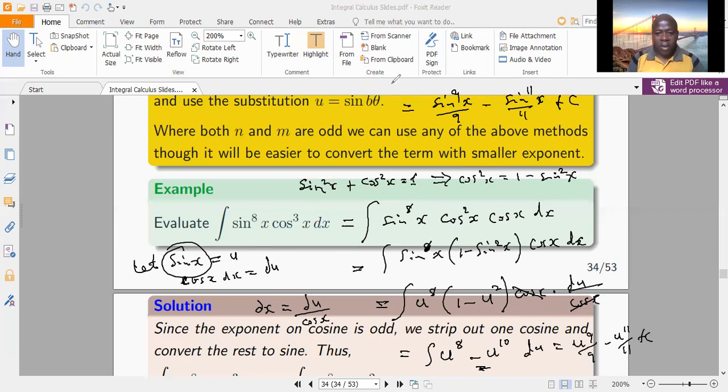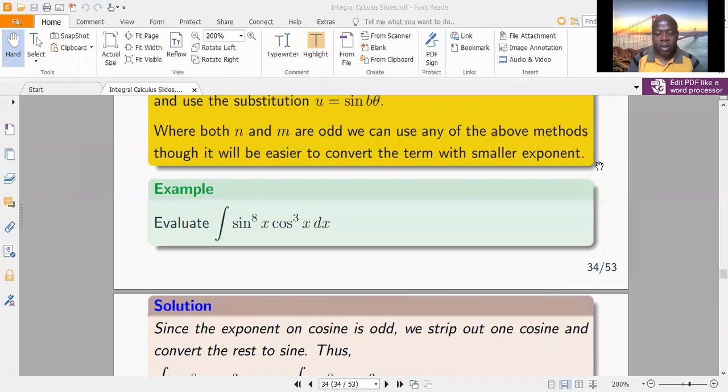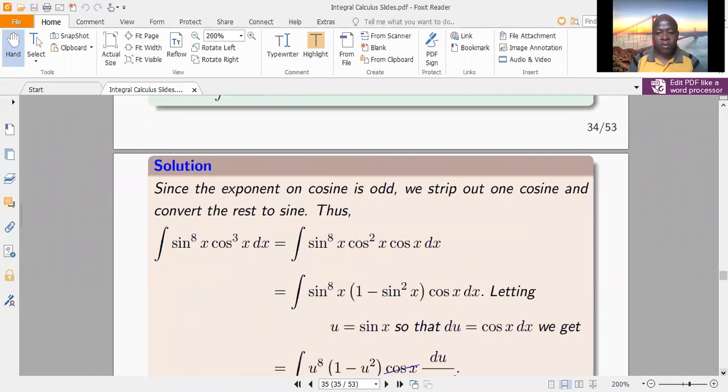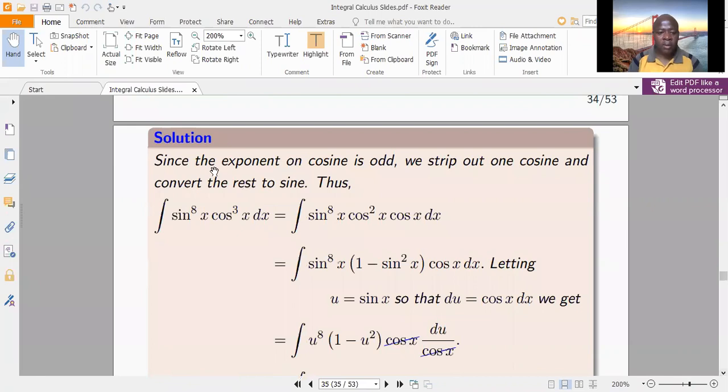I had already done it, so let me just show you the steps. I had already done this question, and this is what I did. From our introduction, we remember that the exponent of cos is the one that is odd, and therefore we strip out one cosine and convert the rest to sine.